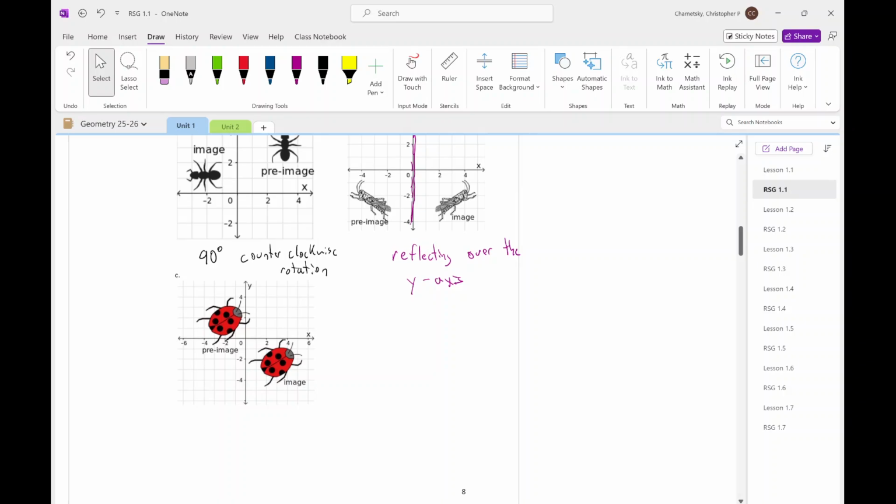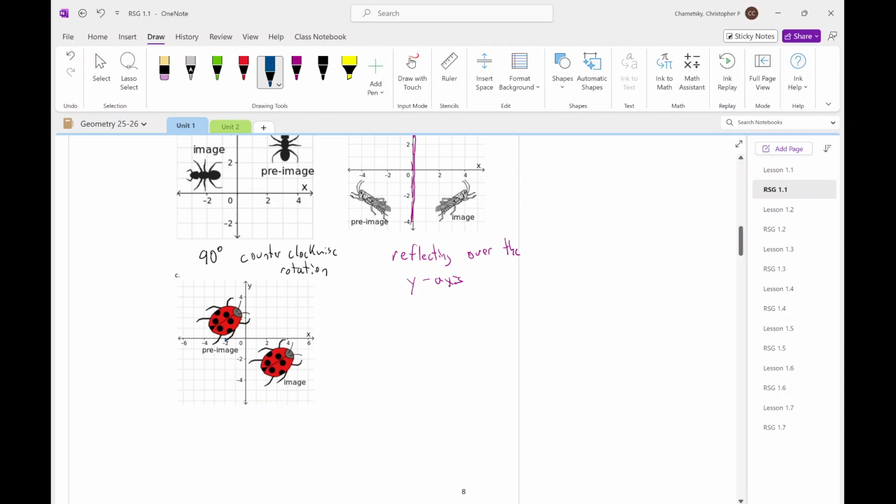And for our next shape, due to symmetry, it almost looks like it could be another reflection. But I'm going to say that this actually looks more like a translation based on where the spots are on the ladybug here. I would say that this guy is moving.